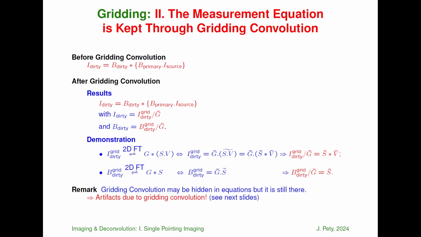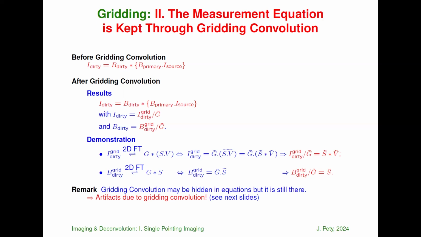The dirty image now is the gridded dirty image divided by the Fourier transform of the kernel you used to interpolate, and the dirty beam is the gridded dirty beam divided by the Fourier transform of the kernel of your gridding function.